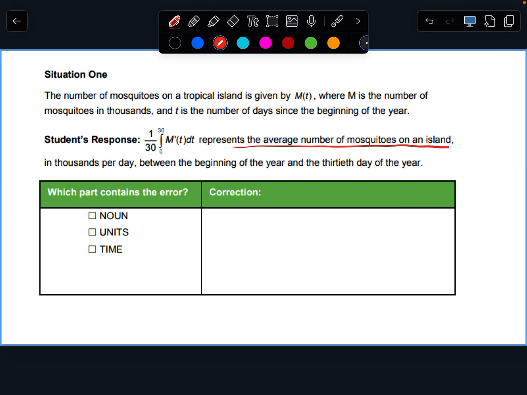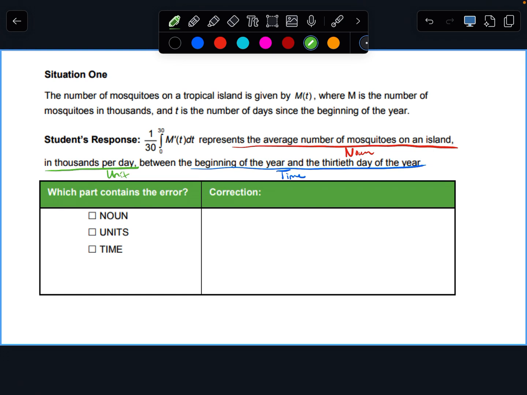The average number is your noun, this is your unit, and between the beginning of the year and the 30th day is your time. So noun, unit, time.